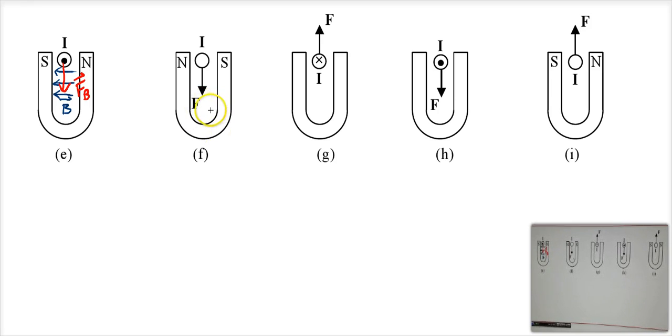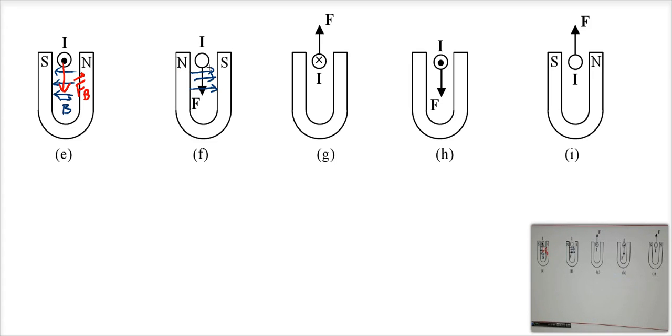Okay, now moving on to part F. In this case, we're given the force. The force is being deflected downwards. We also are told the North and South poles are here, so we know that there are magnetic field lines going from north to south, so they're going to the right. Here we have a cross-sectional view of the wire, and you're trying to find out whether the current goes in or out of the screen.